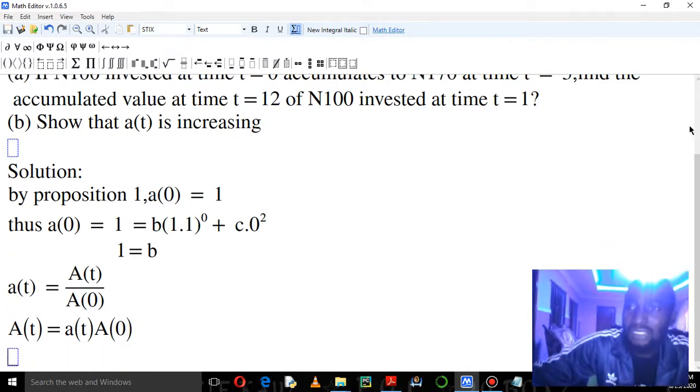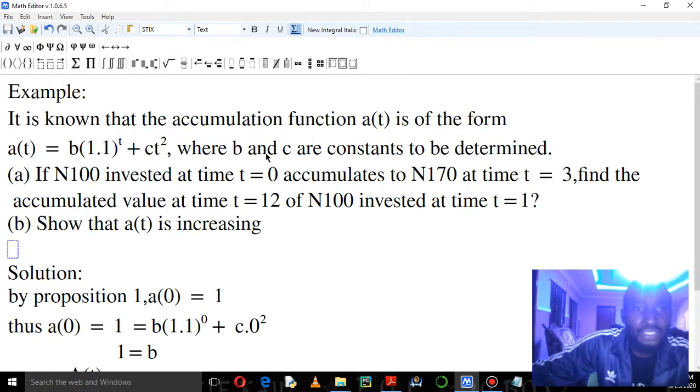So now we said it accumulates to 170 naira at time t equals 3.